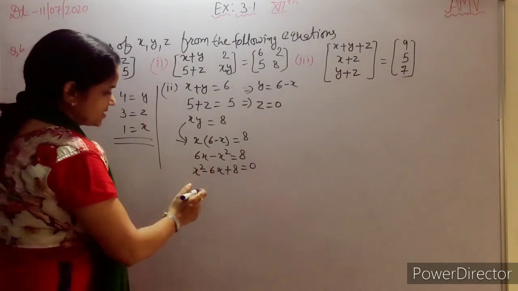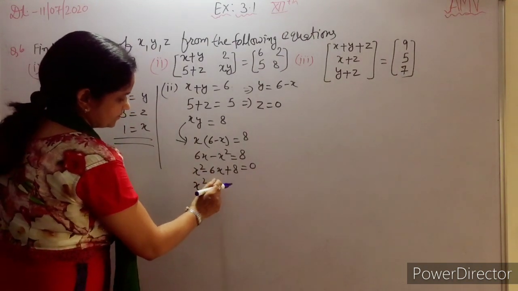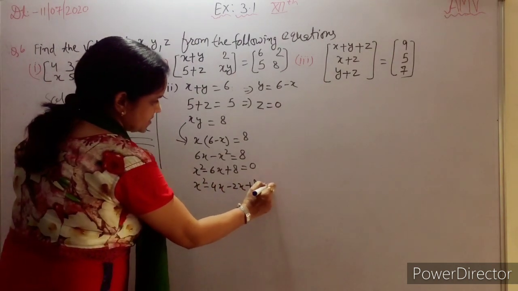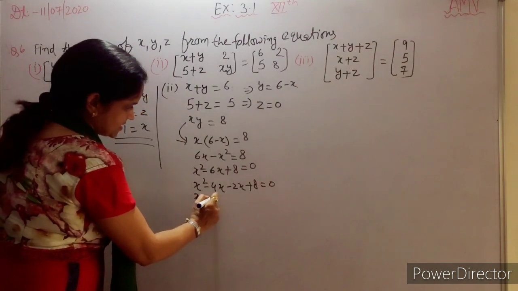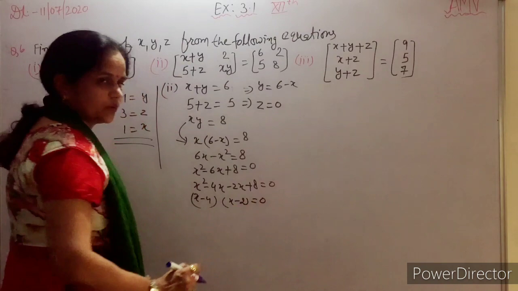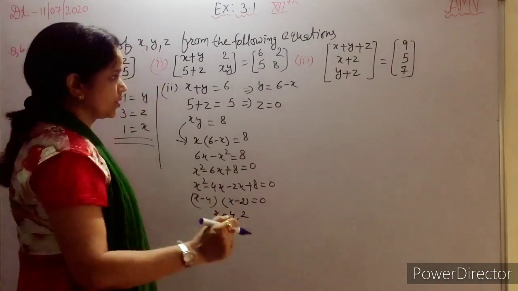And now factorize. So x square minus 4x minus 2x plus 8 equals 0. You will get x minus 4 and x minus 2. Okay. So two values of x: x is equal to 4 and 2.